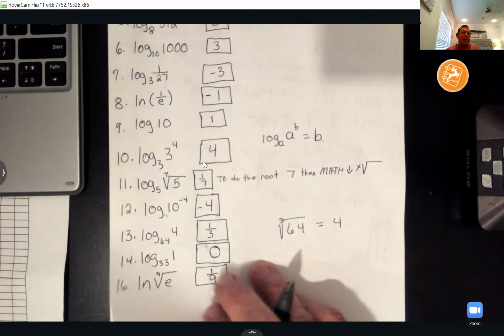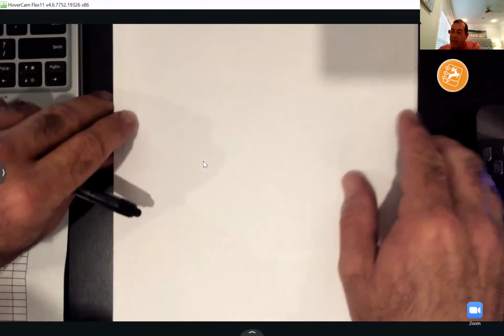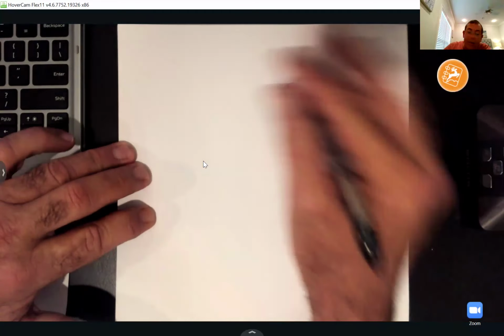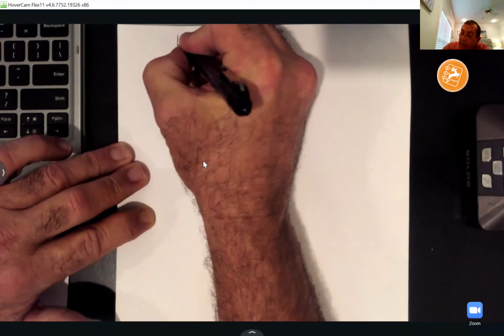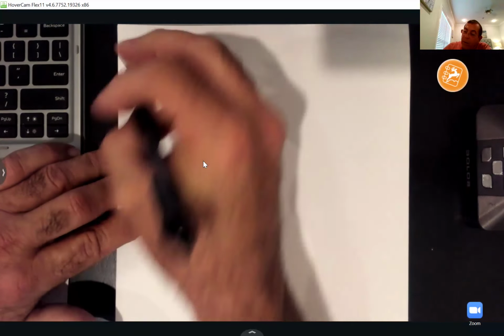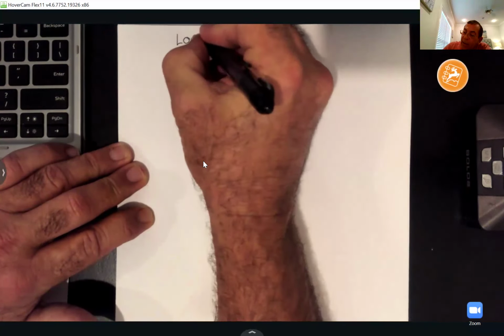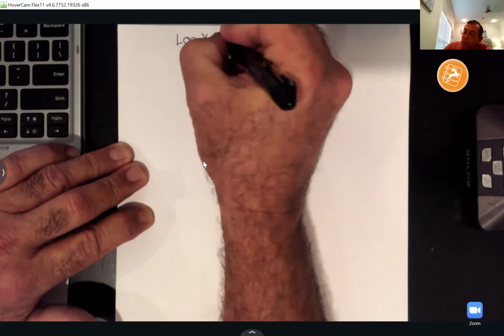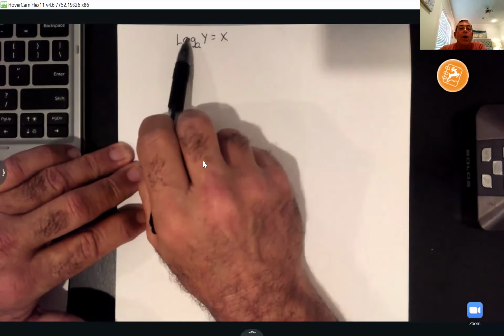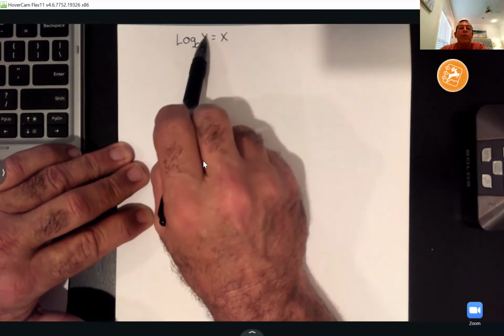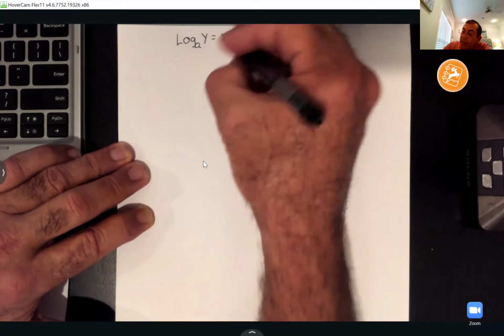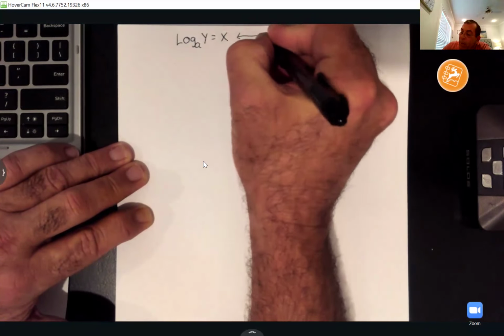All right, y'all. So then what they start having us do, since exponential and logarithmic functions are inverses of each other, we do conversions from one to the other. So here's the conversion. Log base a of y equals x. So the log with base a and a result equal to my exponent is true.